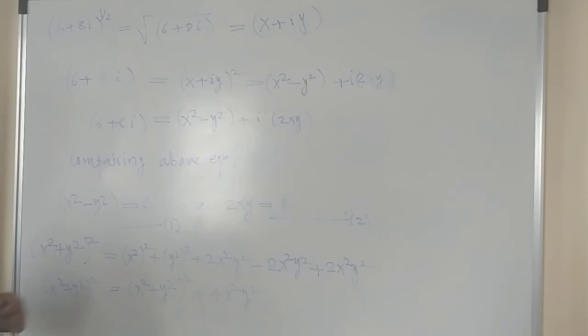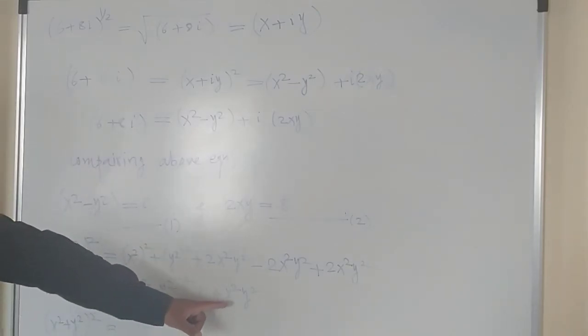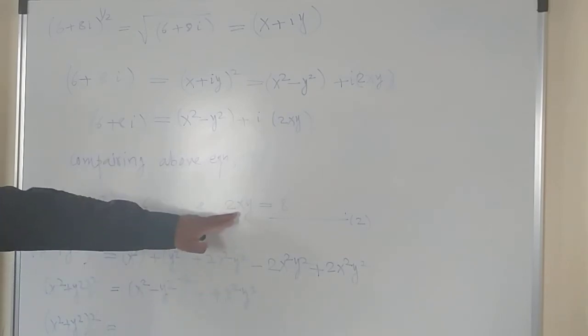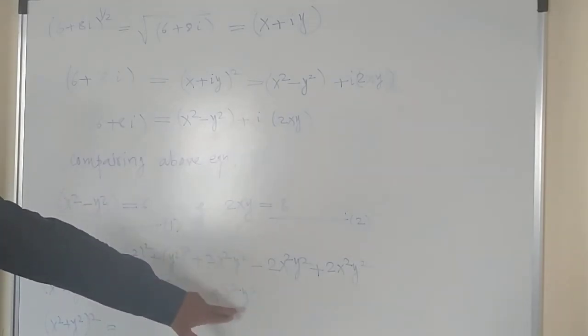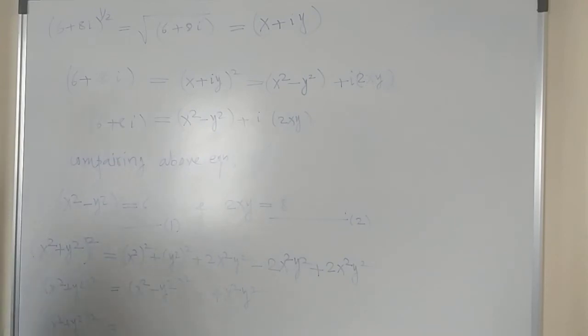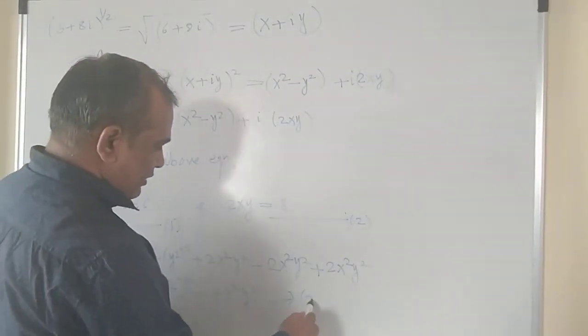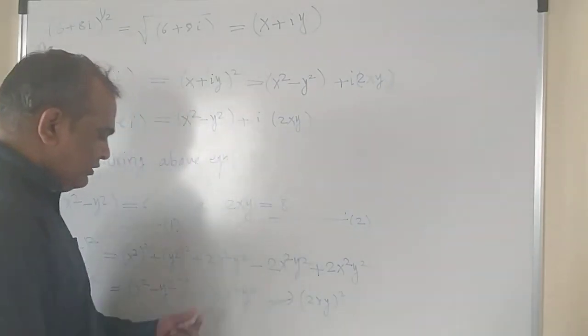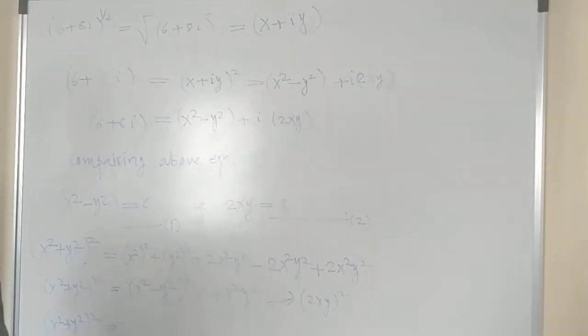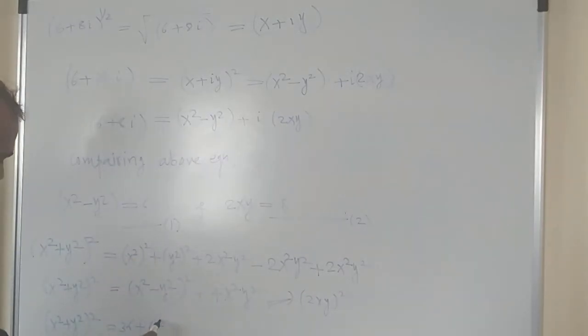Now you can write x square plus y square, whole square, equals x square minus y square, whole square, plus 4x square y square, which is 2xy whole square. So it is 6 square plus 8 square: 6 square is 36 and 8 square is 64. 36 plus 64, how much? 36 plus 64 is 100.